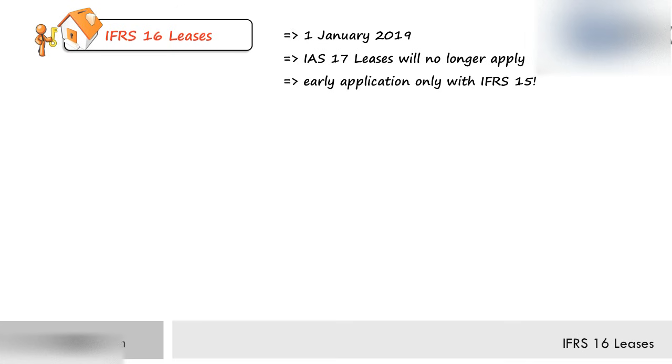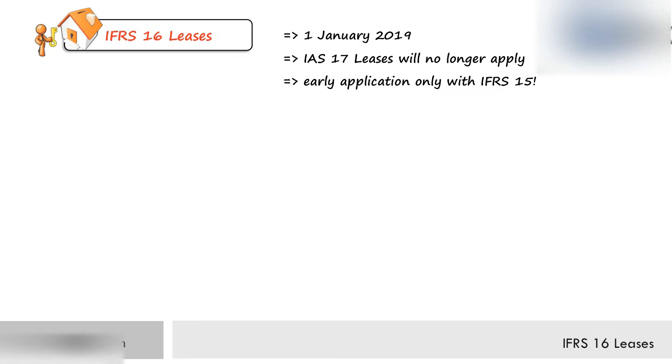The new standard IFRS 16 will be applicable for all periods starting on or after 1st January 2019, so there is still some time left, and it means that IAS 17 leases will no longer apply. You can apply IFRS 16 earlier than that, but only with the new revenue standard IFRS 15 that is applicable from 1st January 2018.